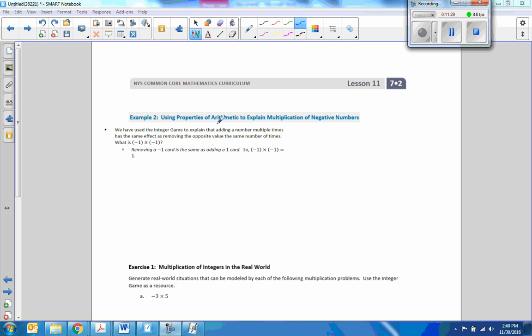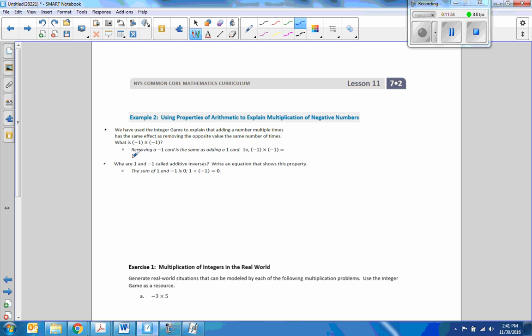But if I remove them, that reduces my hand value by 3, which would be the same as drawing negative numbers. So what they're saying is -1 times a -1. Removing a negative card is the same as adding a positive card, so -1 times -1 equals 1.